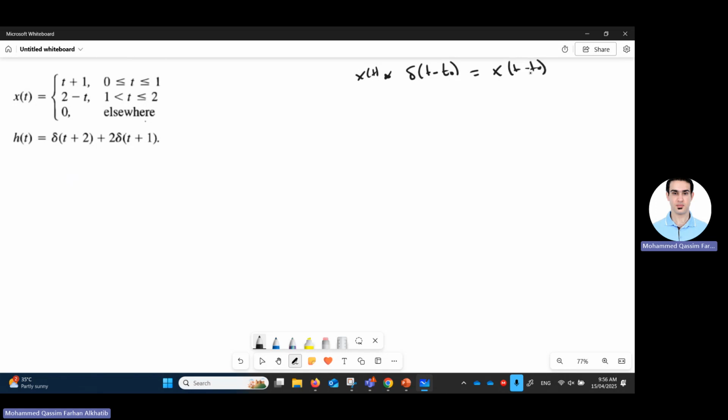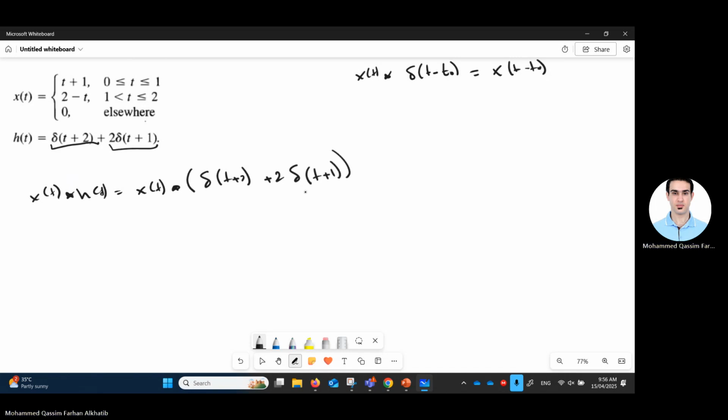So if I convolve with a shifted delta, the result will be the signal shifted by that value. All right, so I have two parts of h of t. So x of t convolved with h of t is basically x of t convolved with delta of t plus 2 delta of t plus 1.